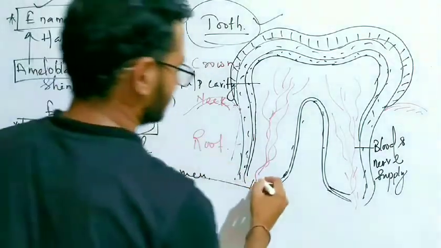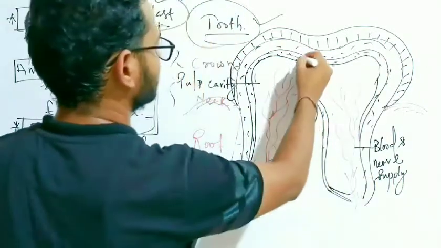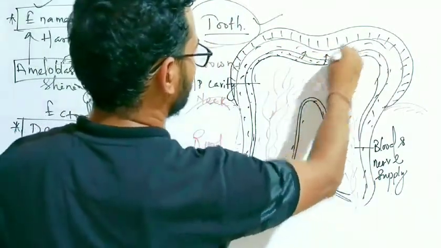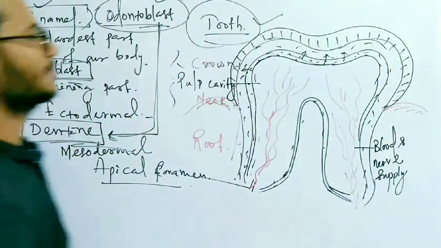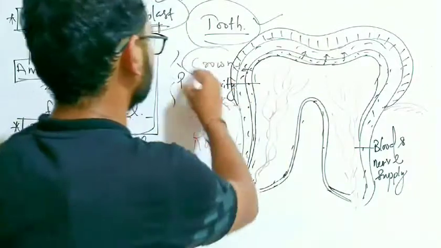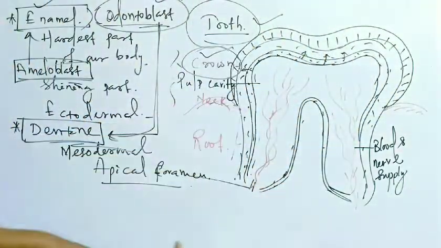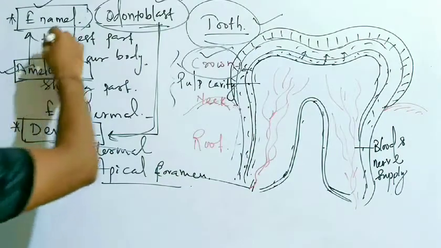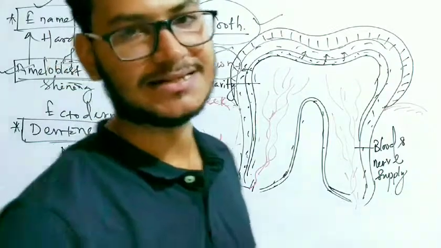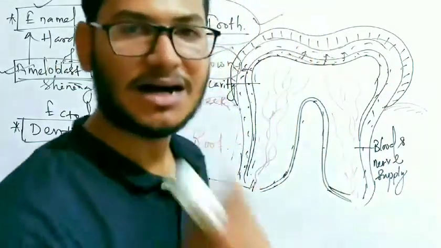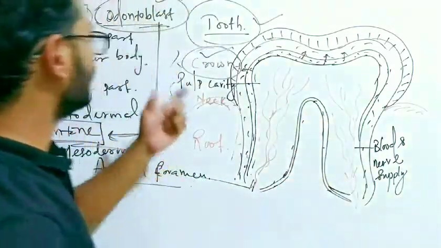So odontoblast is the layer present throughout the tooth that secretes the layer which is called dentine, and the ameloblast are present in the crown region only, because the enamel is present in the crown only. So that ameloblast cells help in the secretion of the hardest part of our body, that is our enamel, the hard shining calcareous layer on the crown region.